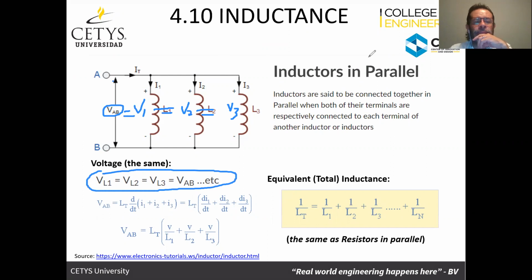And we know that the voltage for an inductor is the inductance multiplied by the rate of change of the current.